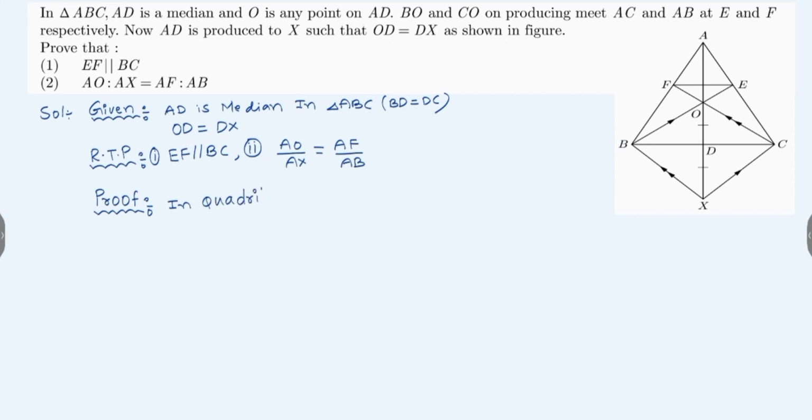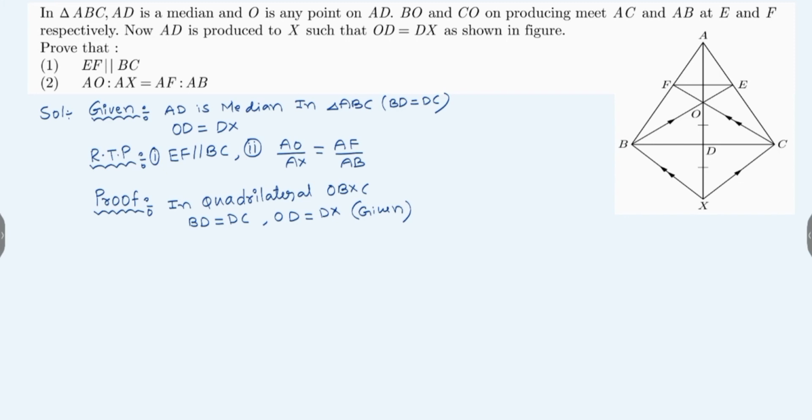So in quadrilateral OBXC, we know BD is equal to DC and OD is equal to DX. So these two are given in the question.